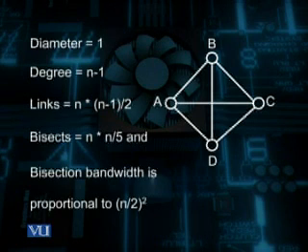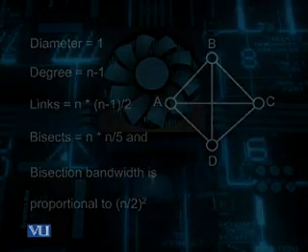Therefore, whenever it has to establish a communication, the diameter is equal to 1, but the degree is equal to n minus 1, and the number of links is equal to n times n minus 1 divided by 2. Bisection width is equal to n square divided by 4, and the bisection bandwidth is proportional to n by 2 whole square.